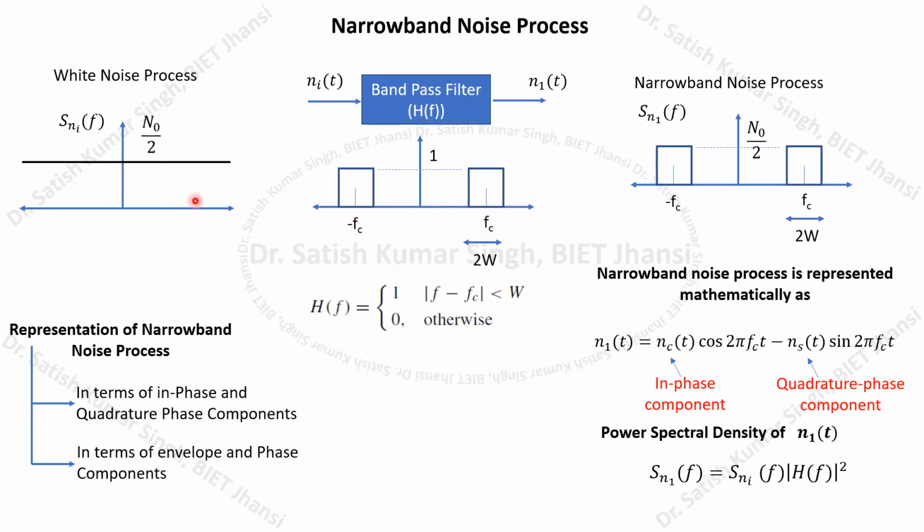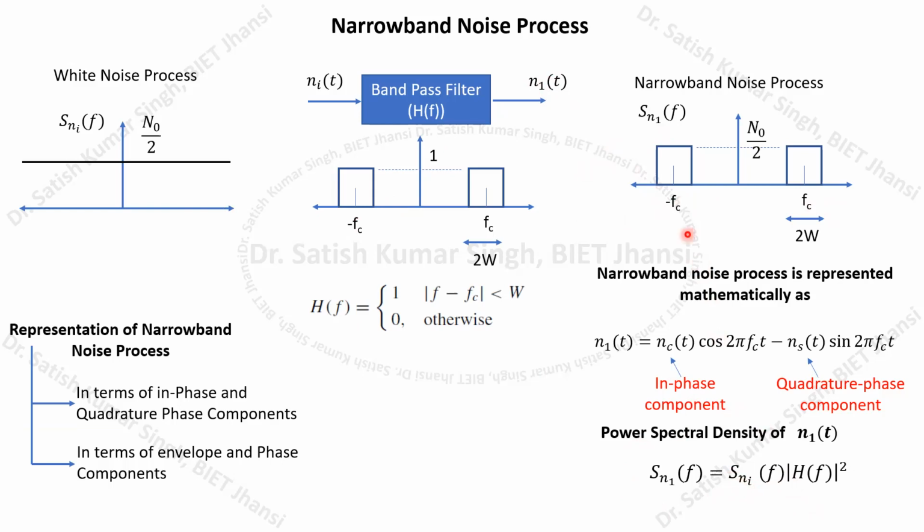If you pass this noise process through such a filter, and the output noise process is n1(t), then its power spectral density function S_n1(f) will have this particular nature. Because we have to follow this expression, S_n1(f) equals S_n(f) multiplied with the mod of H(f) squared.